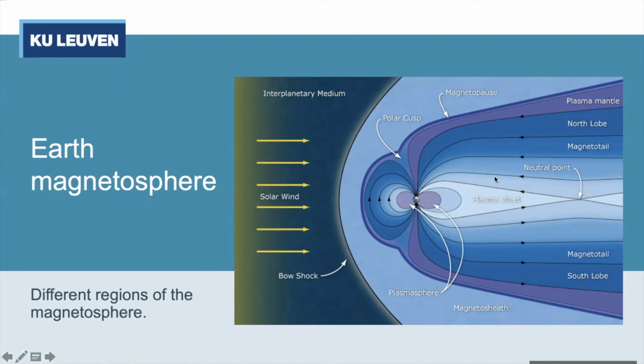This night side stretched magnetic field is called the magnetotail. So it's like a dog having a tail. The Earth has its own tail, which is magnetic, and it is due to the fact that the solar wind stretches, drapes the magnetic field lines away from the Earth on the night side. Of course the Earth is rotating, but we are always looking at the side that is facing the sun.